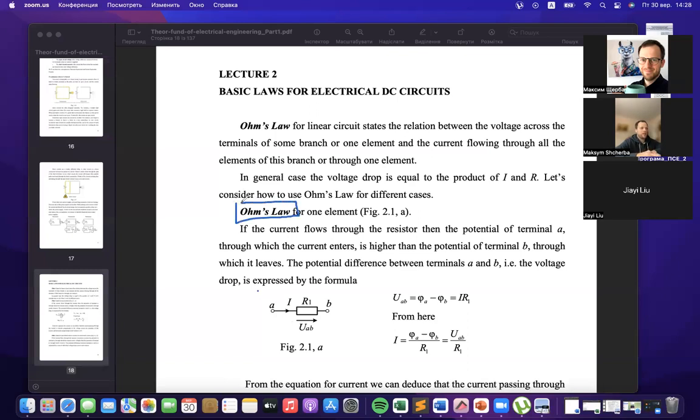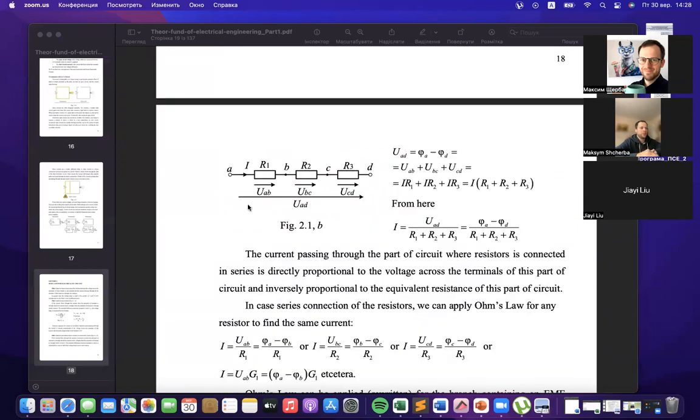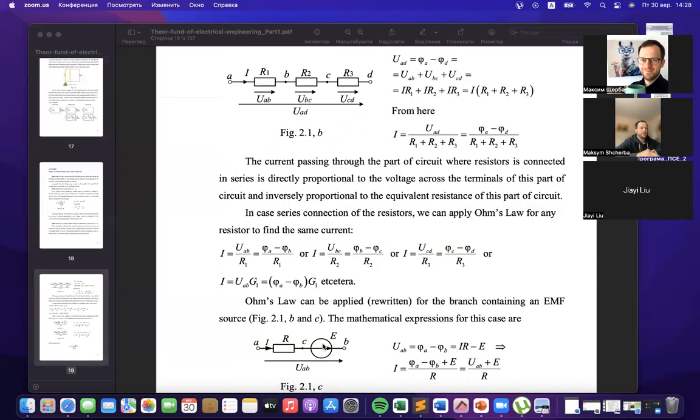Then, it is quite useful that all the mathematics that we will build during this semester is grounded on three main laws. First, Ohm's law, which connects current, voltage, and resistivity of a passive object that includes only a resistor, or it could also be a branch with active and passive elements, also with a source inside it.